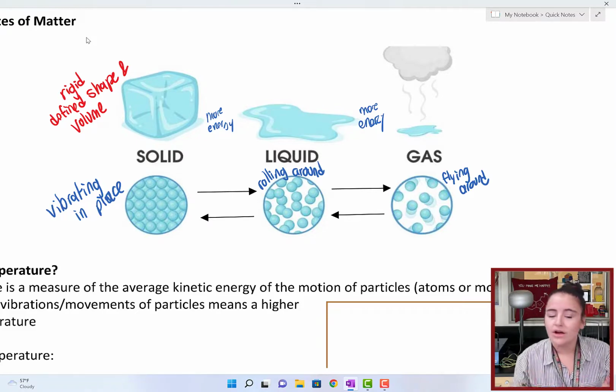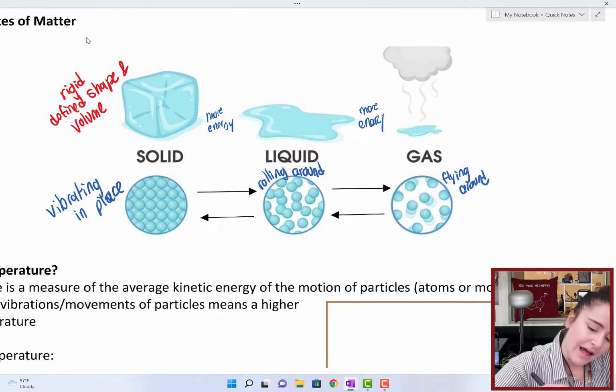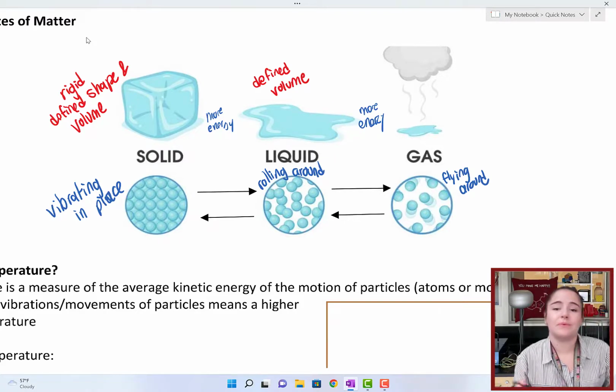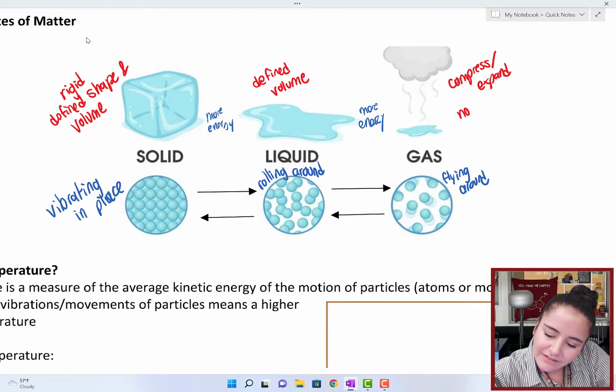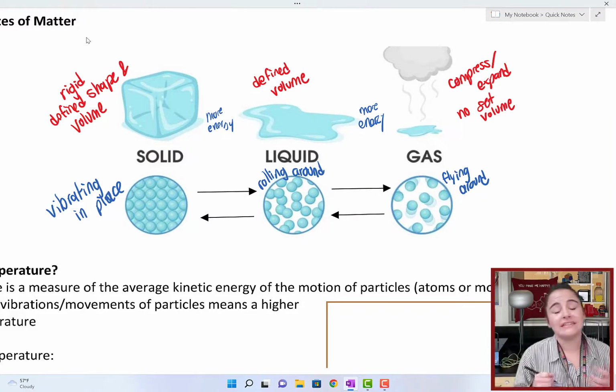Liquids do not have a defined shape, but they do have a defined volume. They will take the shape of whatever container you give them, but their volume will not change. Gases are compressible, they can compress and expand. They do not have a set volume. They expand to fill their containers.